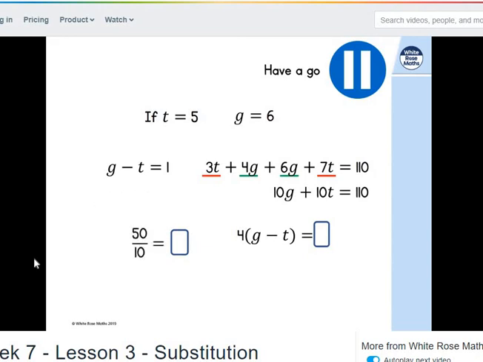So 50 divided by 10 is 5. What is next one? I've got brackets again. But I've got 4 lots of G minus T. Well, I know what G minus T was from the first time. So the value of that bracket is just going to be 6 minus 5, which is 1. So I use that number on the left to multiply how many of those I've got. So 4 times 1 is just 4.